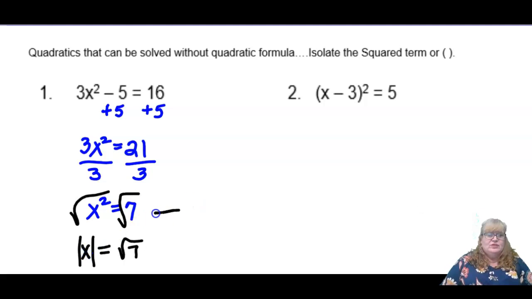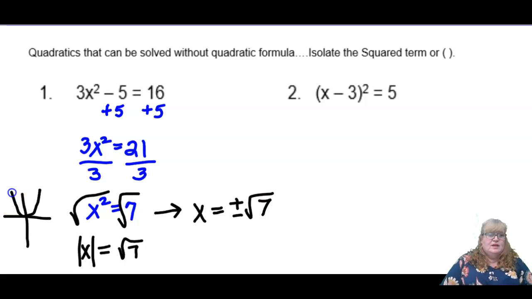So we usually just skip that step and we write down that square rooting x is x, but square rooting 7 is either positive square root of 7 or negative square root of 7, which we could write separately or like this.